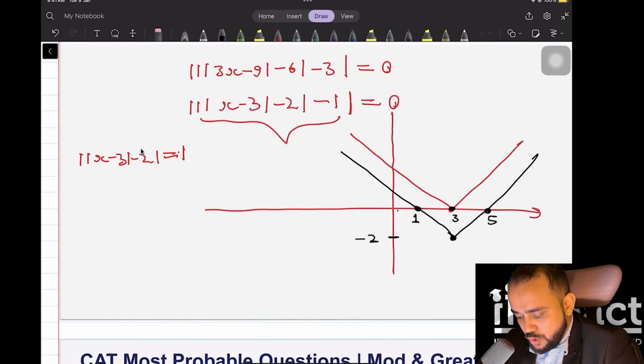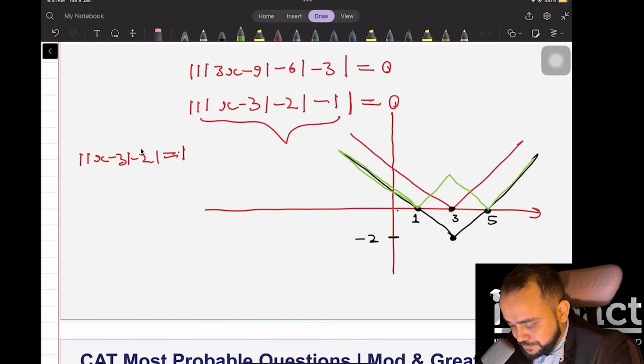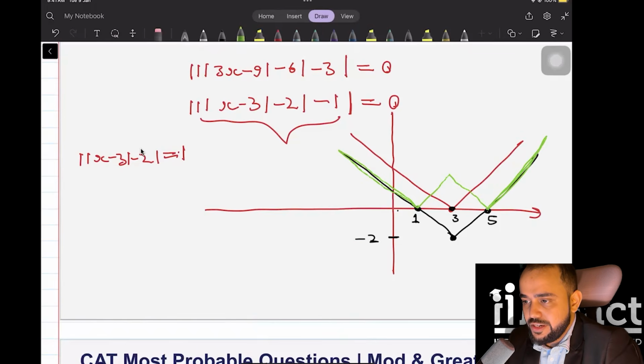Now this is going to get modded. So the new graph that I get is going to be something like this. Now this entire thing is going to get shifted 1 unit downwards. The height that I have taken is 2.